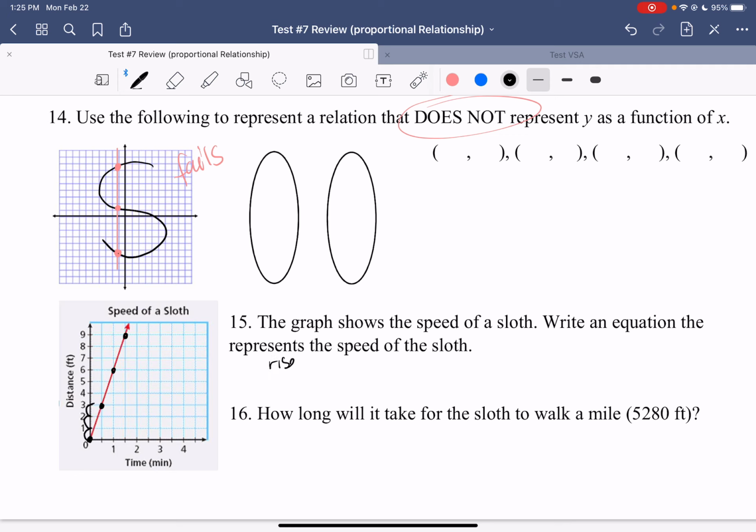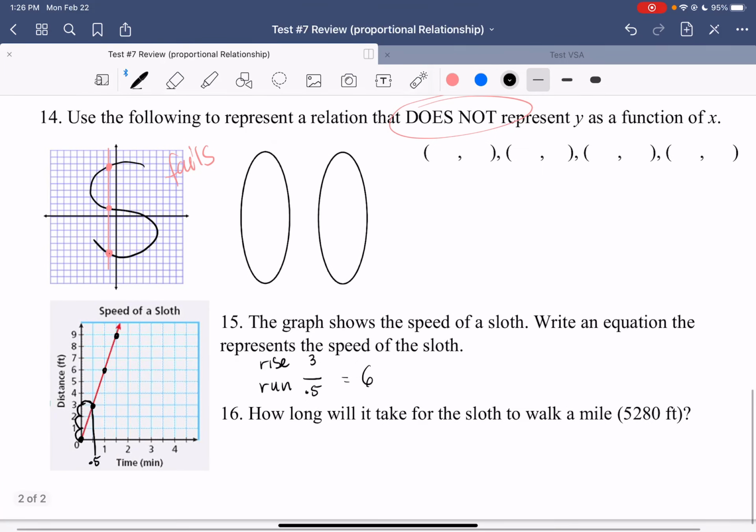So my rise is 3, and my run is over one space, but when I look down at the bottom, I see that this actually only goes over 0.5. So 3 divided by 0.5 is 6.